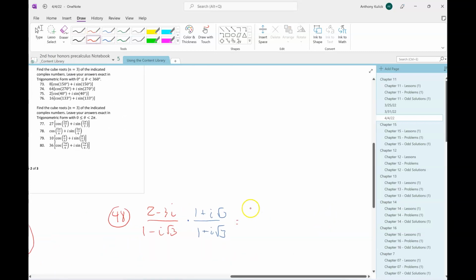When I FOIL the numerator out, I get 2 root 3i minus 3i, and then minus 3 root 3i squared, over 1 plus 3.